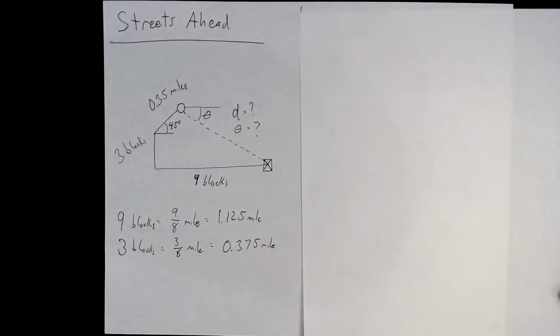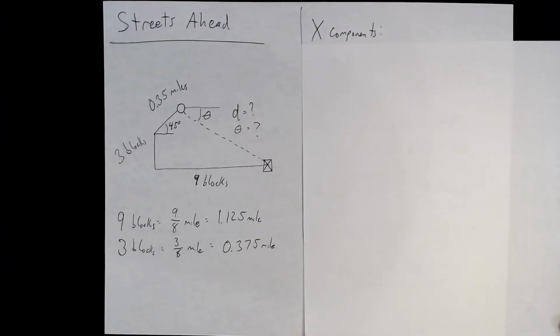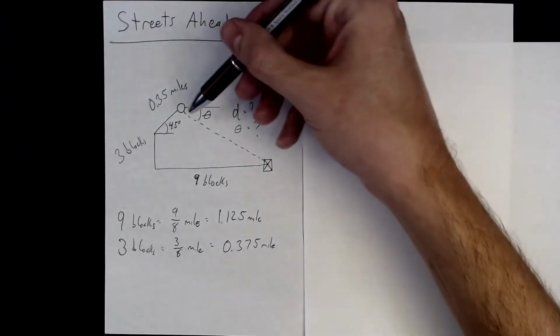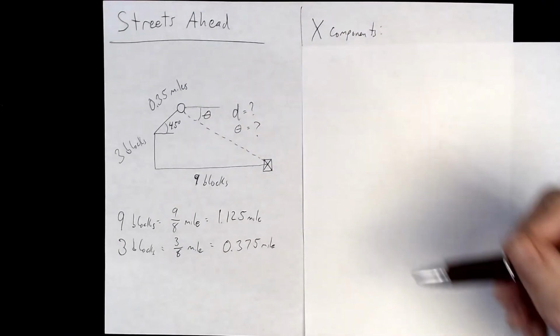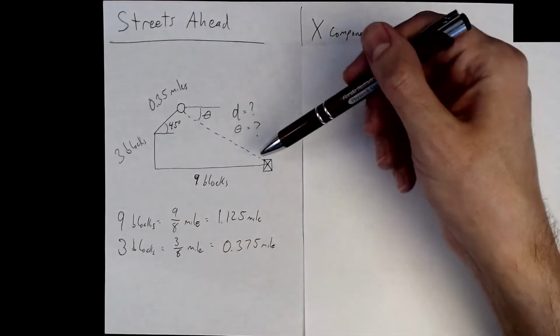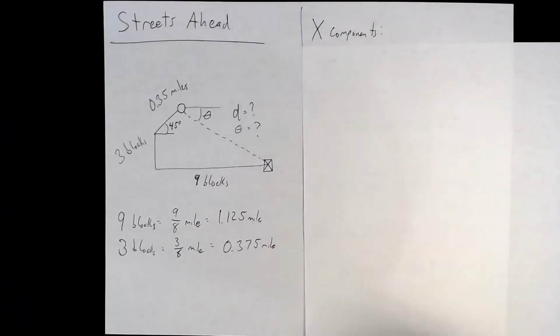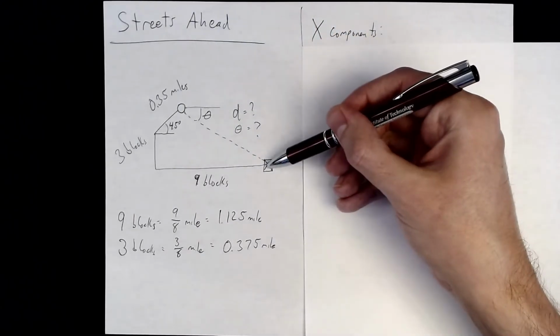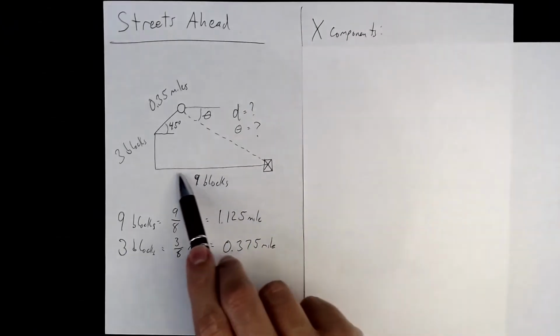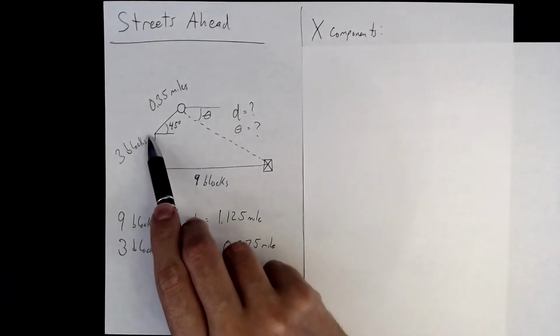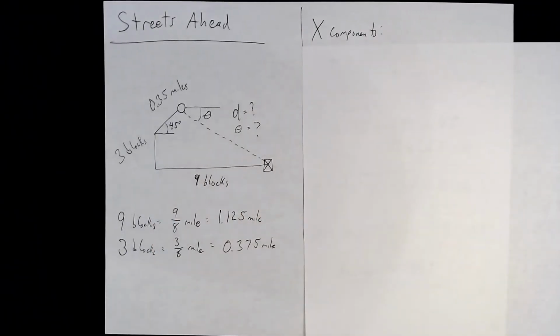One thing we can do is find the x and y components of each vector and add them up to get that vector. Starting from there, we need to go 9 blocks that way, 3 blocks that way, 0.35 miles that way.